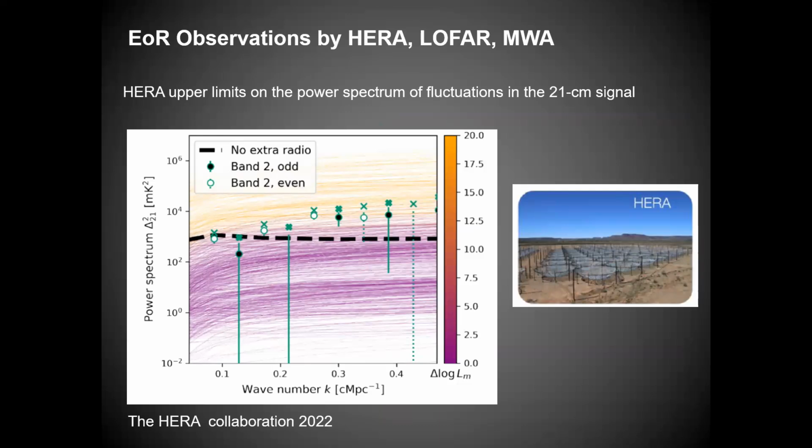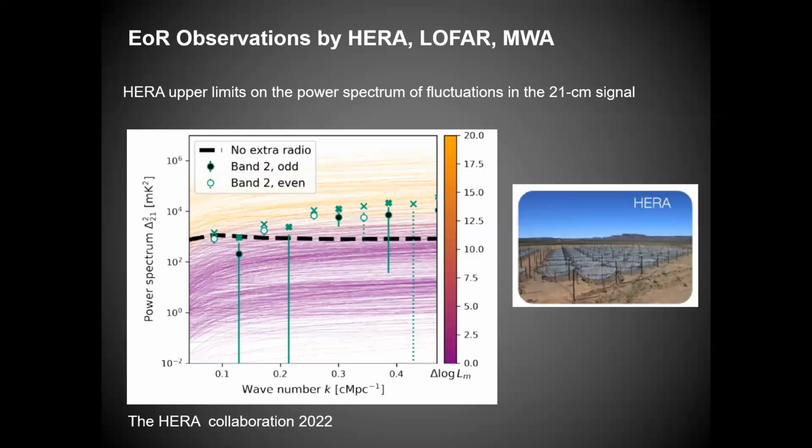Other than that, we have upper limits. So this is an example of the HERA experiment. That's the most sensitive interferometer that exists nowadays. And these green points and black circles and white circles are the data from the HERA telescope.